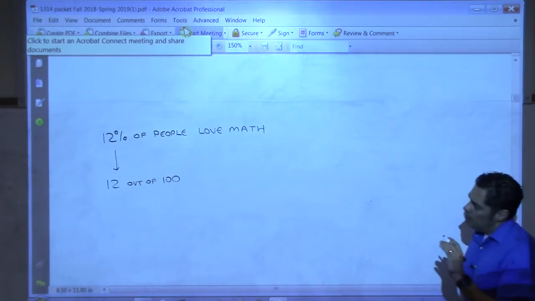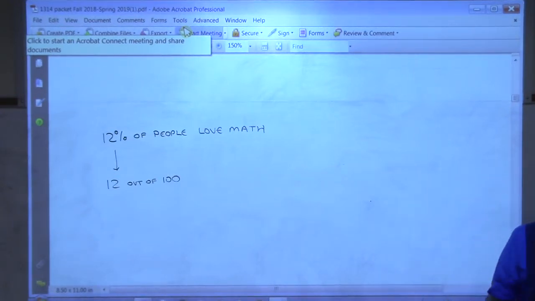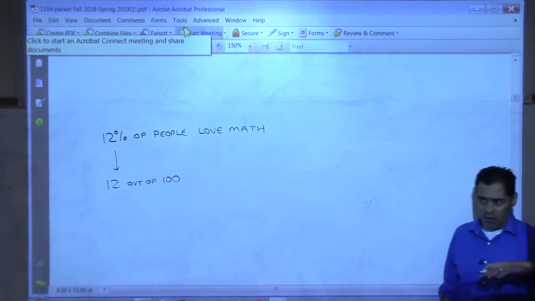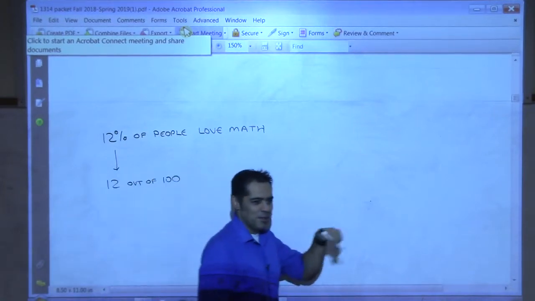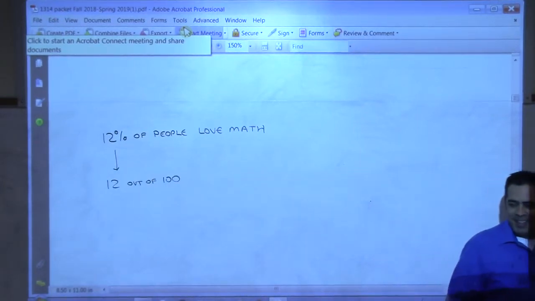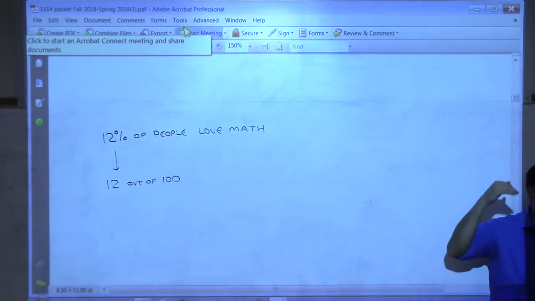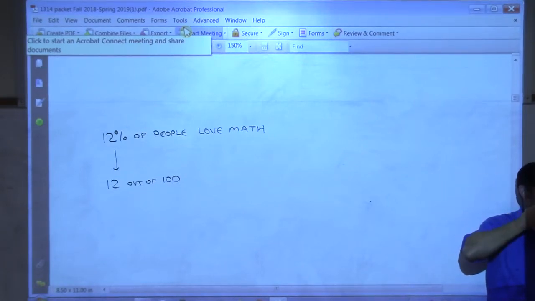Now, here's what's kind of weird but yet interesting about percentages. We're going to do a percent right now for our class. And I won't ask you if you love math because I don't want to put 0% up there, okay? How many of you own an iPhone versus owning an Android? So iPhone, we're almost 100%.